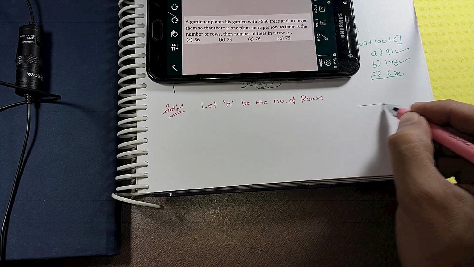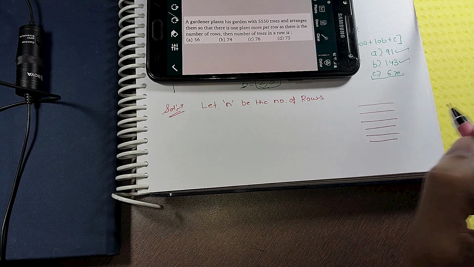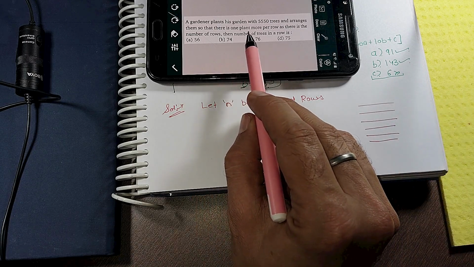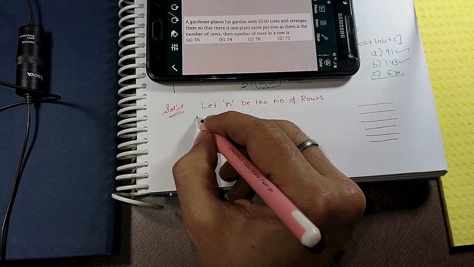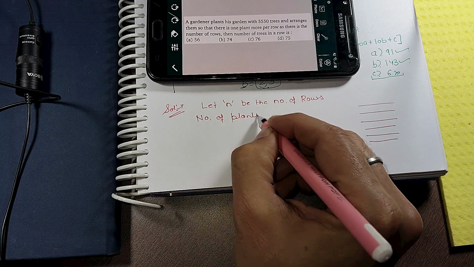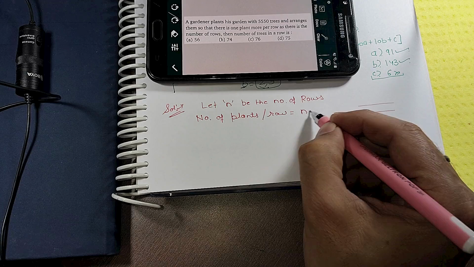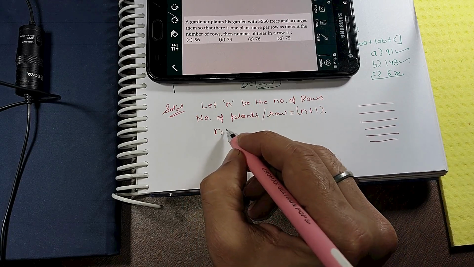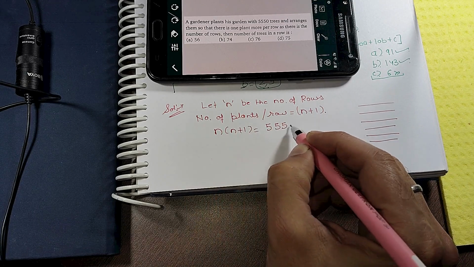The question says there is one plant more per row than the number of rows, so the number of plants per row will be n plus 1. So he has given us that n multiplied by n plus 1 is equal to 5550.